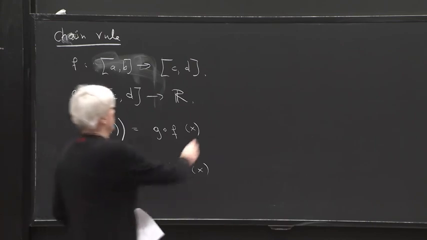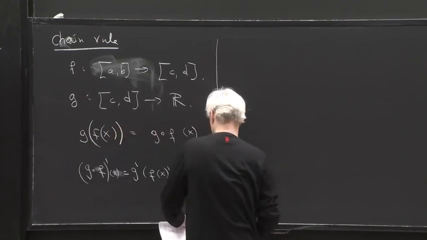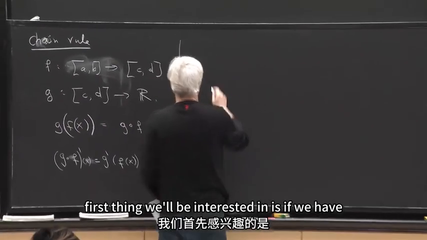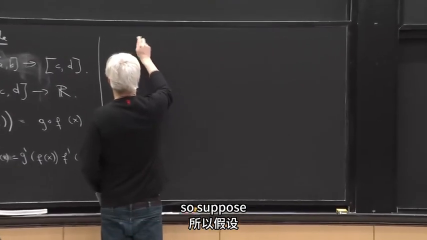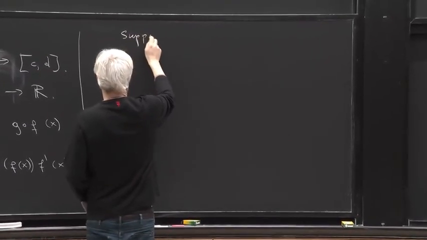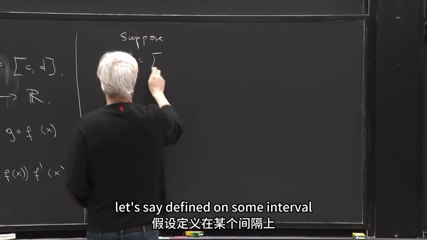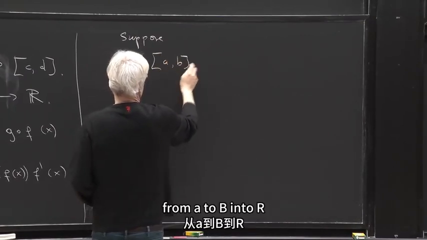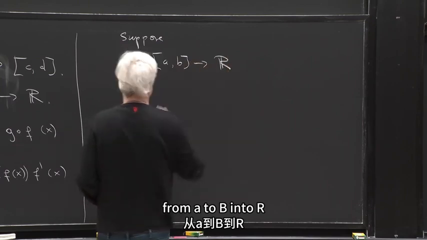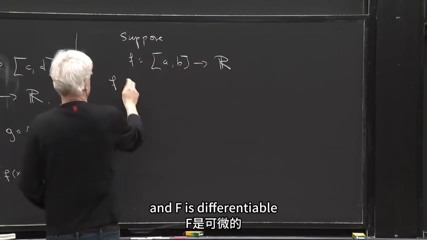And now the first thing we'll be interested in is, suppose that f here is a function, let's say defined on some interval from a to b into R, and f is differentiable.